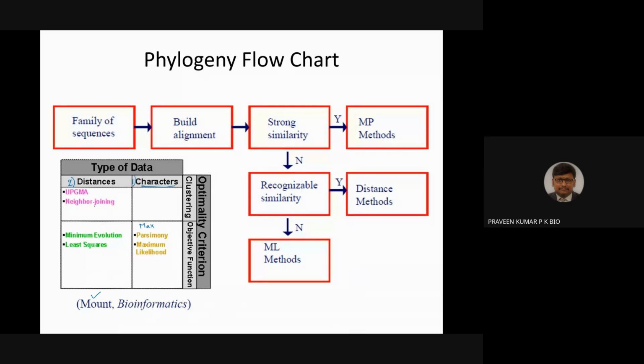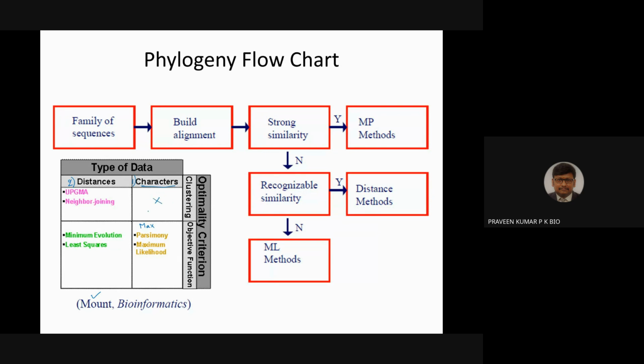Now, the second thing: other than classifying the methods as character-based or distance-based for construction of phylogenetic trees, we can also categorize these methods based on clustering and objective function. Under clustering, there are no character-based methods present.